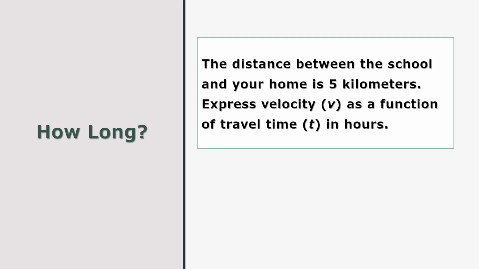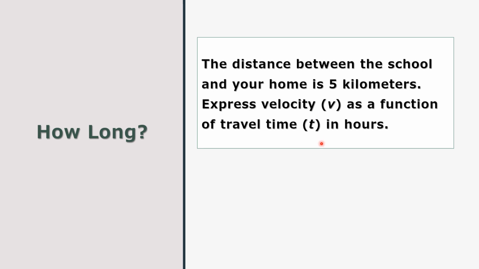Now, next example is how long. The problem is the distance between the school and your home is 5 kilometers. Express velocity v as a function of travel time t in hours. Similar to our previous example, we are going to express the function velocity v with respect to the travel time in hours.